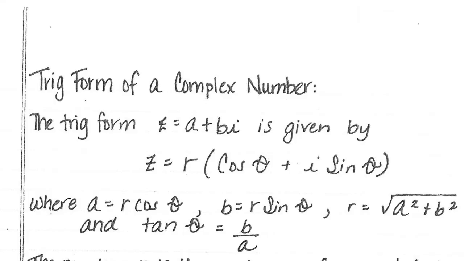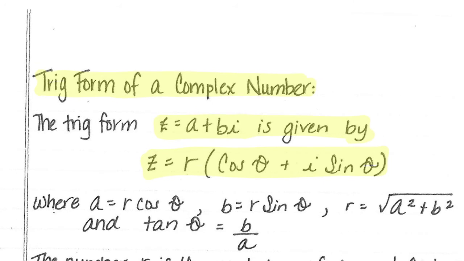Moving on to the trig form of a complex number. The trig form of z equals a plus bi is given by z equals r times the cosine of theta plus i times sine of theta, where a is equal to r cosine theta and b is equal to r sine theta. r is equal to the square root of a squared plus b squared, and tan of theta is equal to b over a.